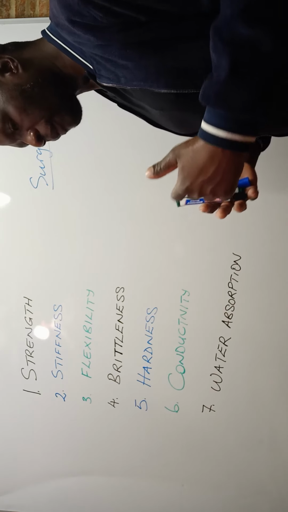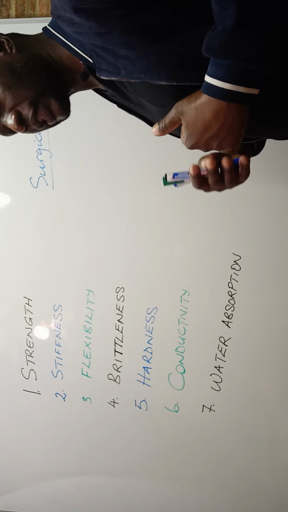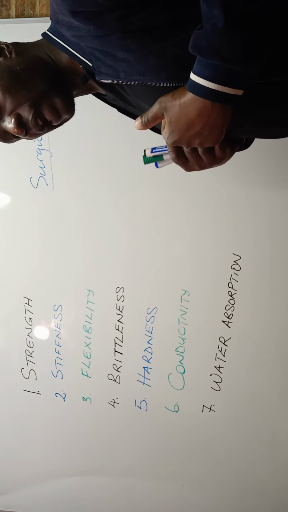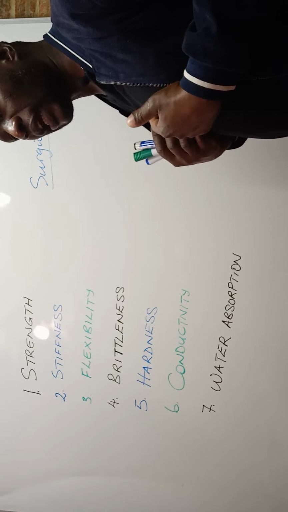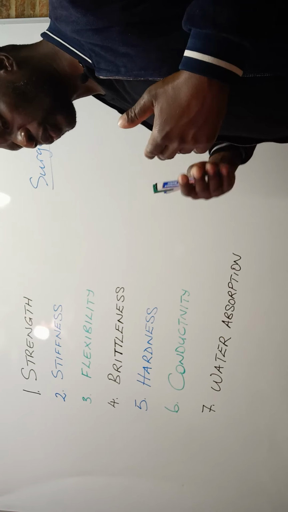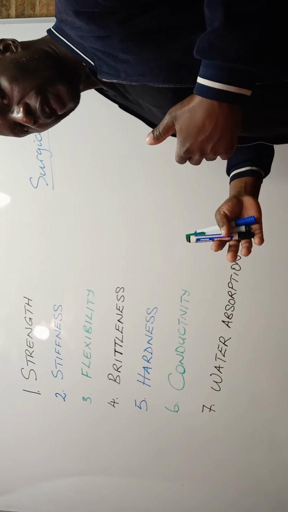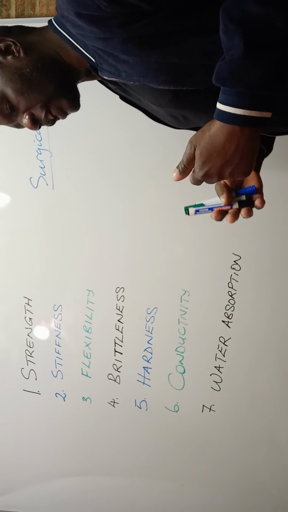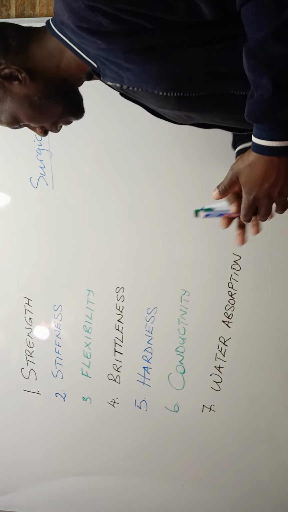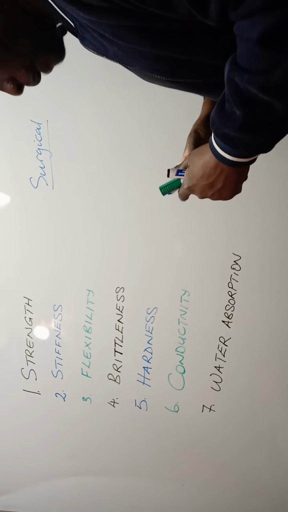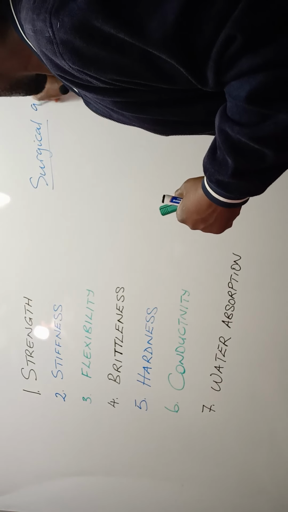It could be from the patient to the medical personnel, or the other way around, from the medical personnel to the patient. So we must prevent transmission of anything either way. That's the purpose of surgical gloves.